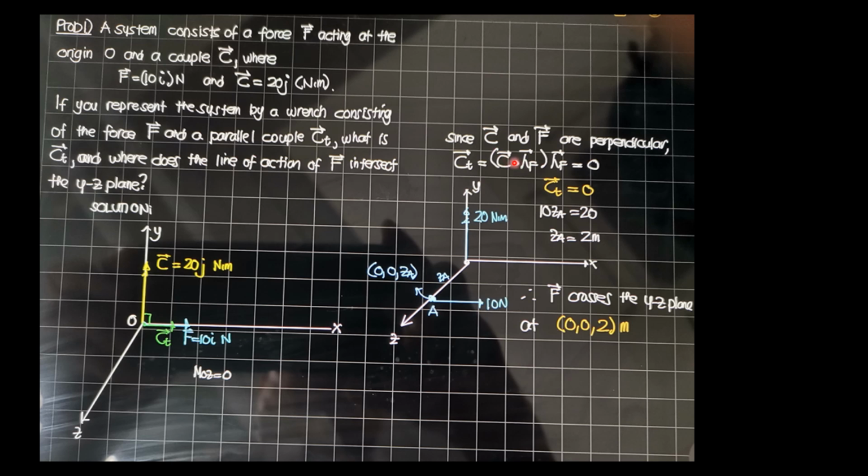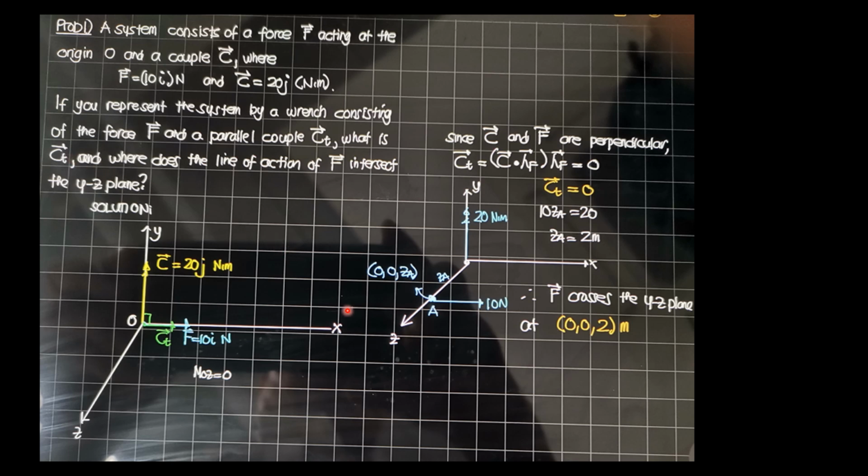And then we multiply that further by the unit vector of F, because this C sub T is in the direction of F also. So that's the axis of the wrench, but this dot product definitely would be 0 because when you dot 20j with 10i, j dot i is 0. So that's why C sub T is 0. That's the answer to the first case.